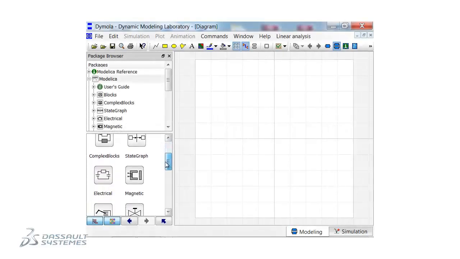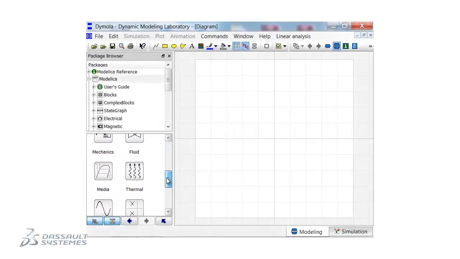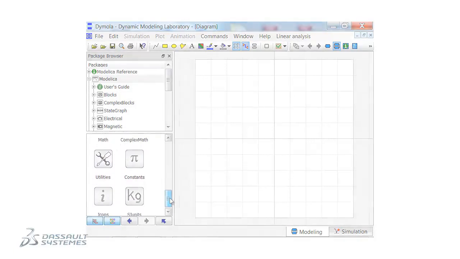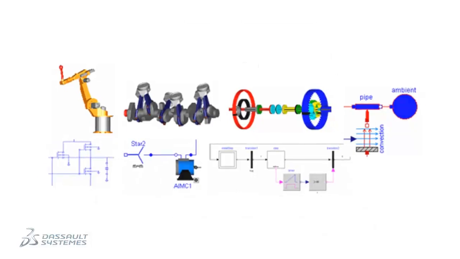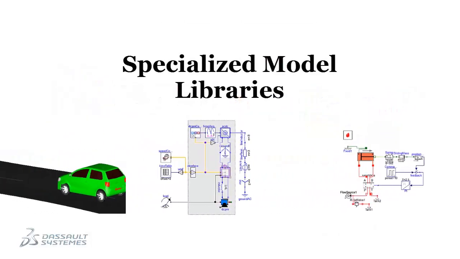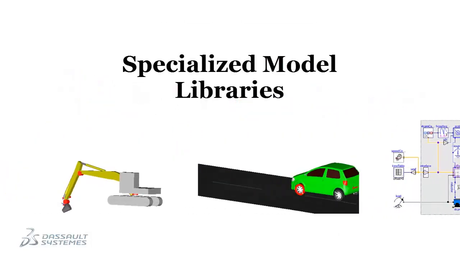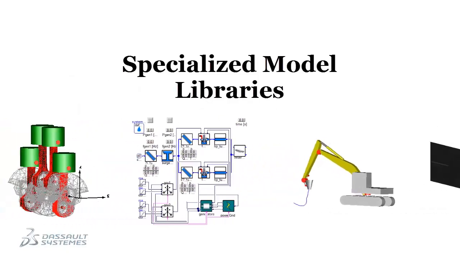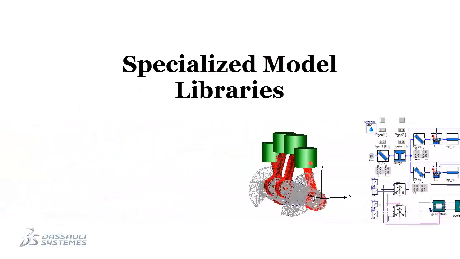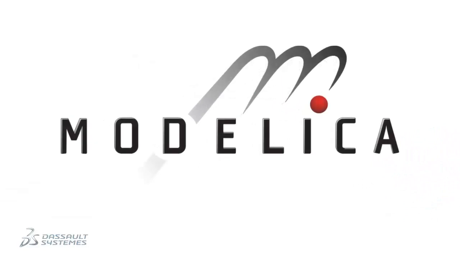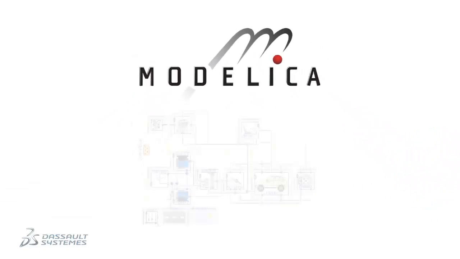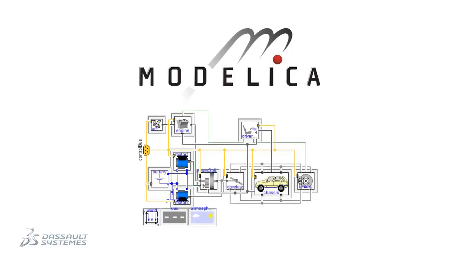Dymola includes the Modelica Standard Library, a library of components from many different engineering domains, including mechanical, electrical, fluid, and thermal components. Dymola also provides a number of specialized libraries focused on a variety of engineering applications. Through the Modelica modeling language, users have the ability to build models of their complete system, not just one aspect of it.